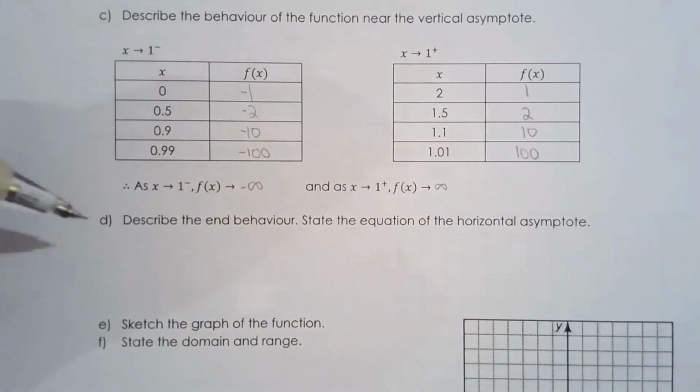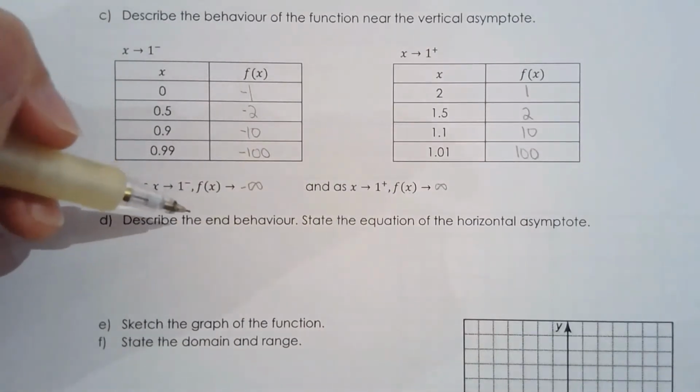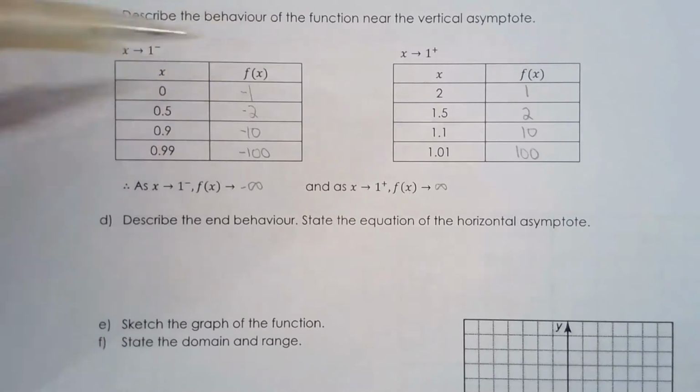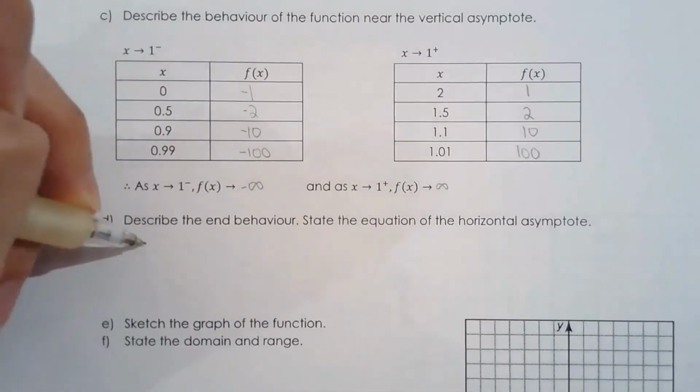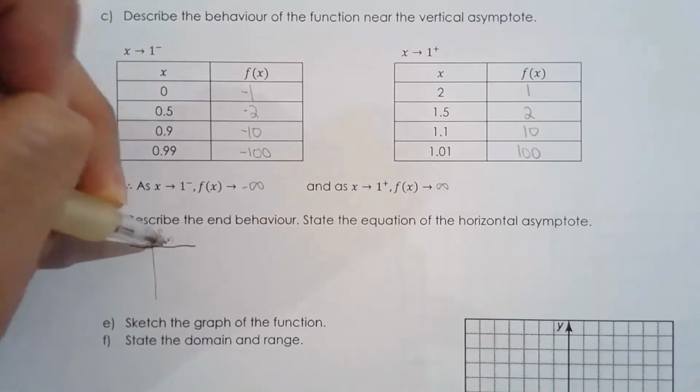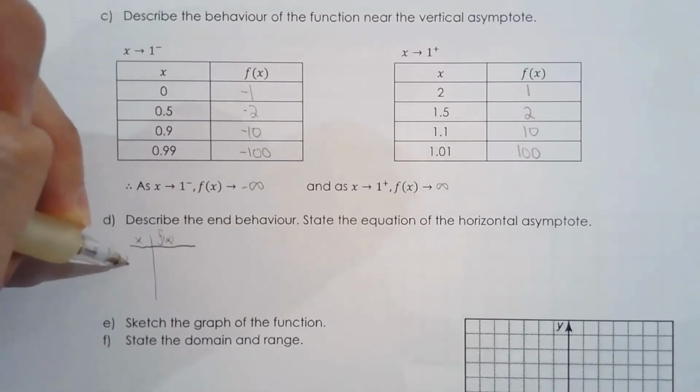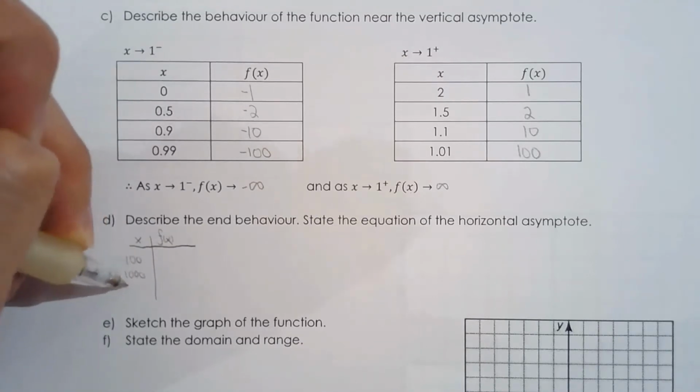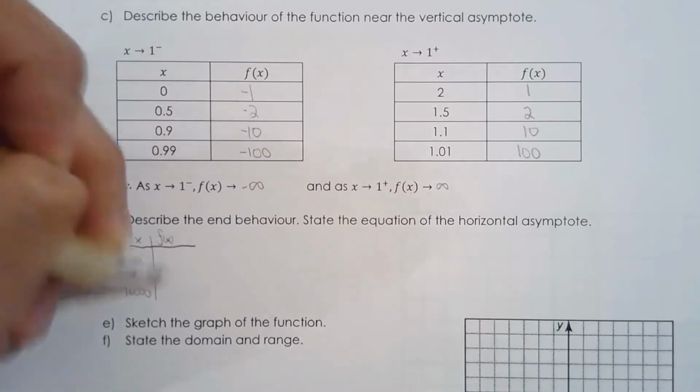Okay, so for the end behavior, we can actually do what we did for part C. You can build a table. So you can do something like this. You can do, I don't know, 100, 1,000, 10,000, and then study f of x.